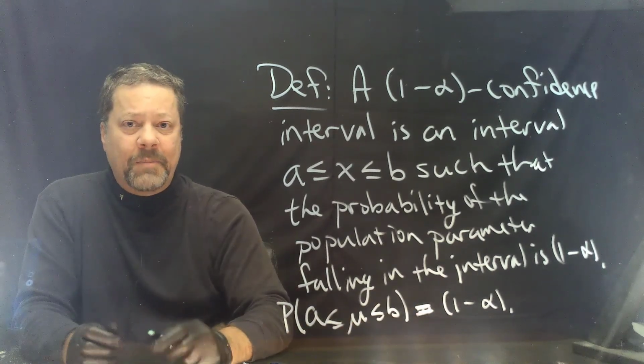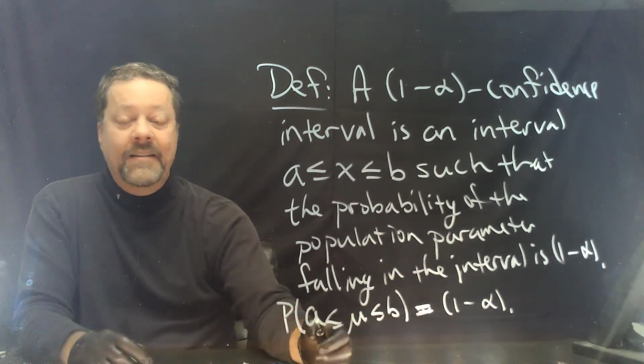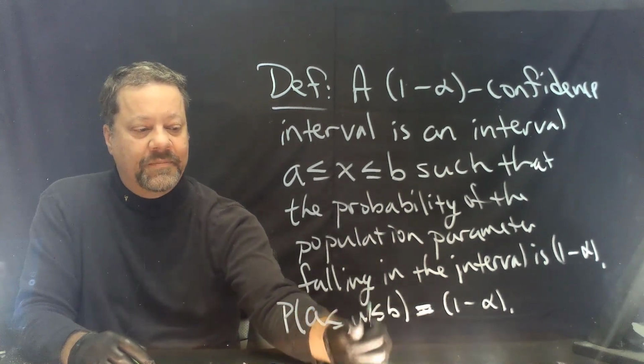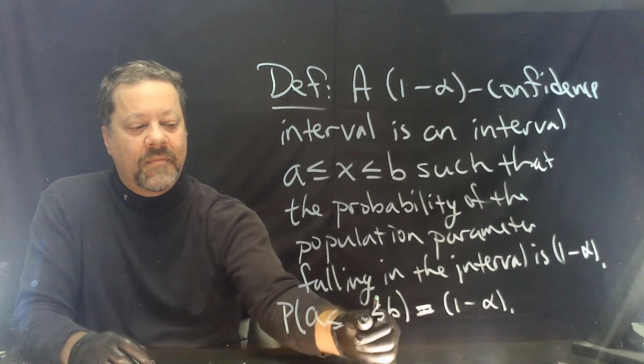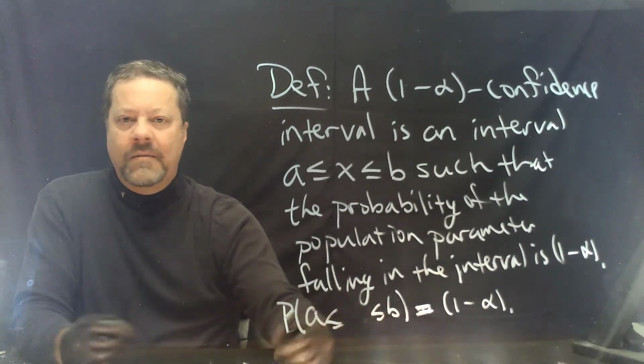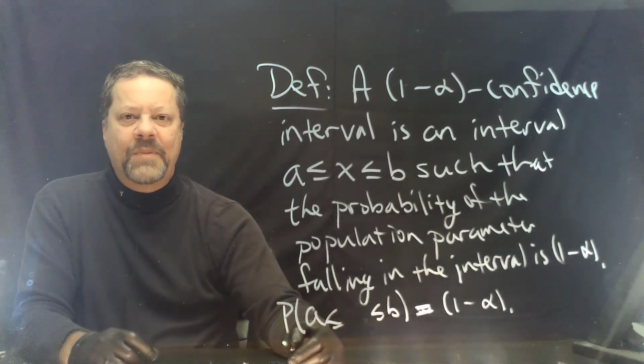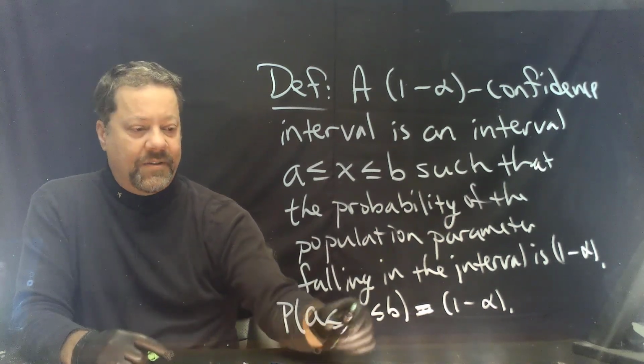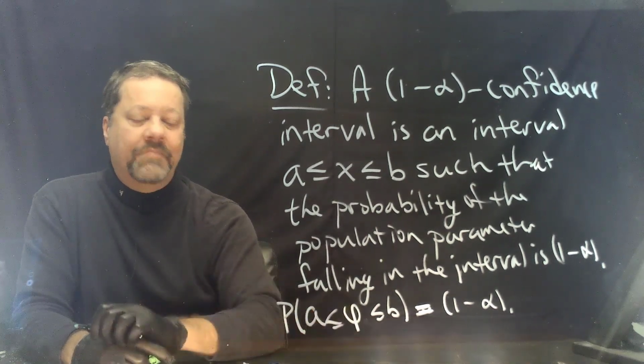I should mention that the population parameter doesn't have to be the mean. It could be any other parameter. So, in the spirit of calling parameters using Greek letters, let's just call it some parameter phi.